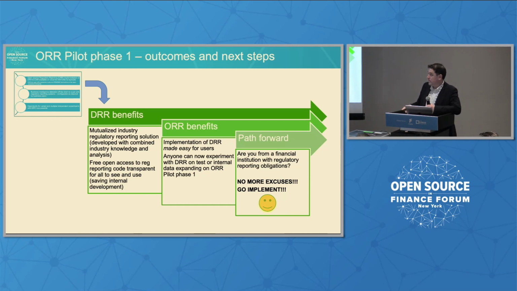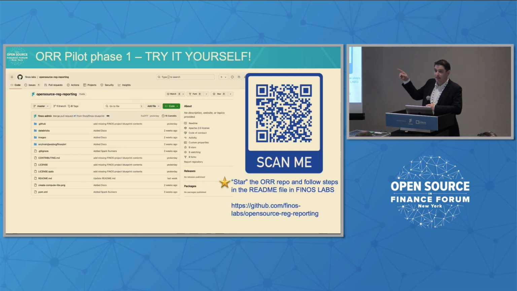But really, the question is, the last one with the smiley face, if you're in a financial institution, you've got regulatory reporting obligations, just go and take this thing and use it. Scan that, go to that repo, read the README file, follow the steps, and you can make this work yourself.